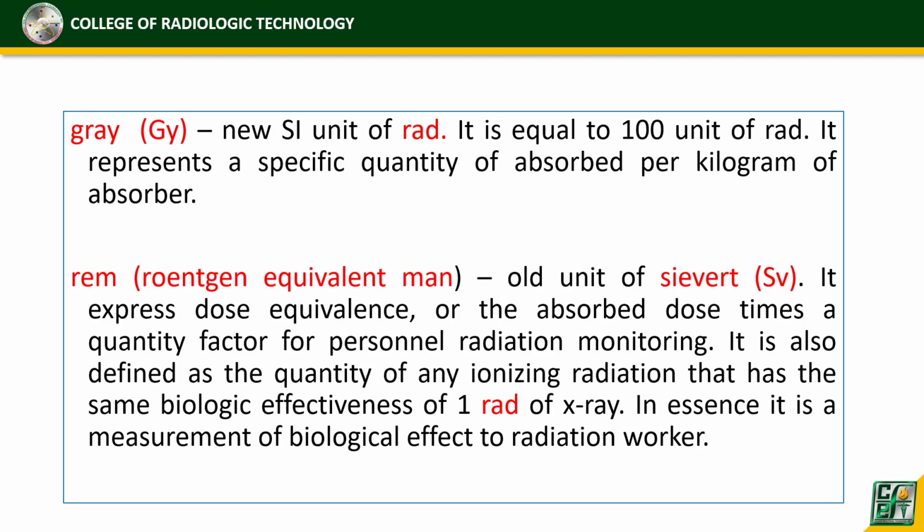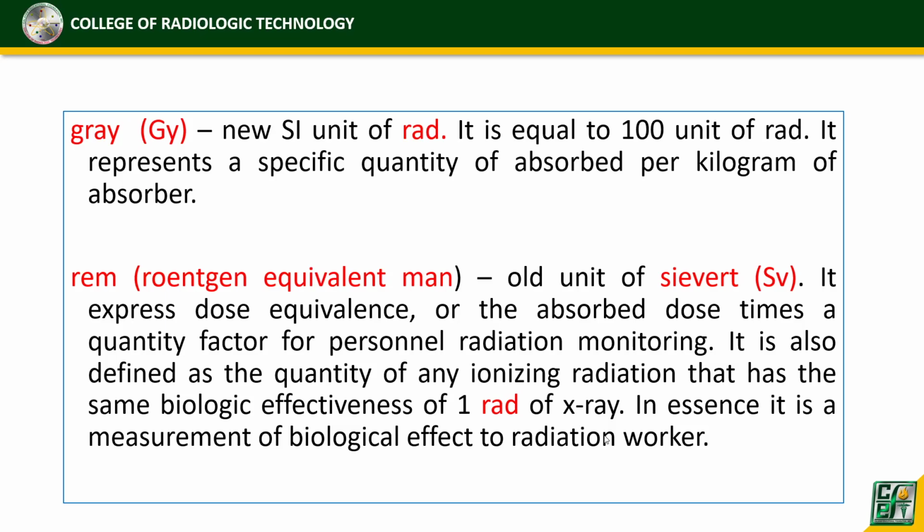So that means 1 rem is equal to 1 rad. Okay? So 1 rem is equal to 1 rad. So therefore, 1 sievert is equal to 1 gray. Is it correct?